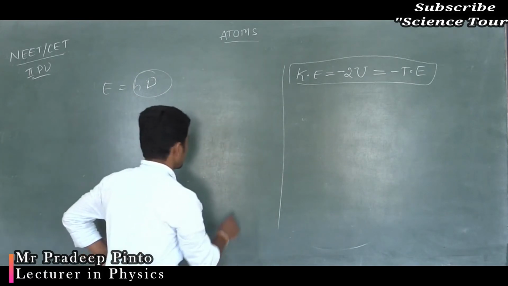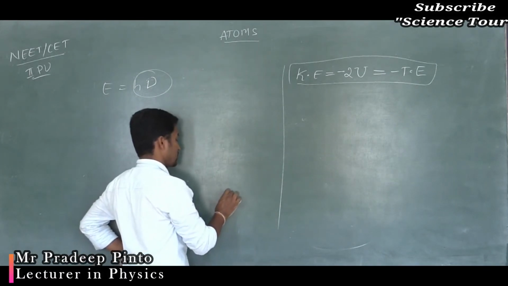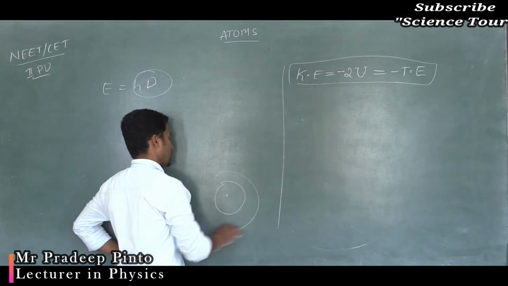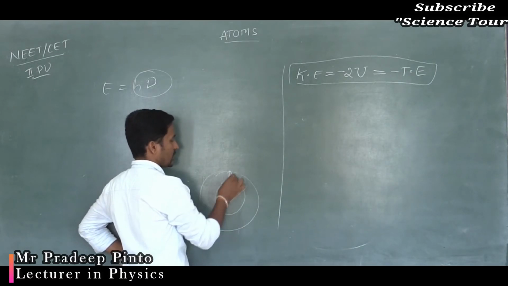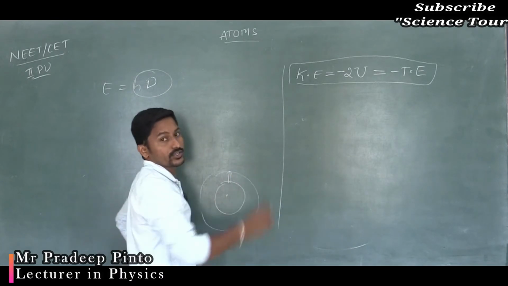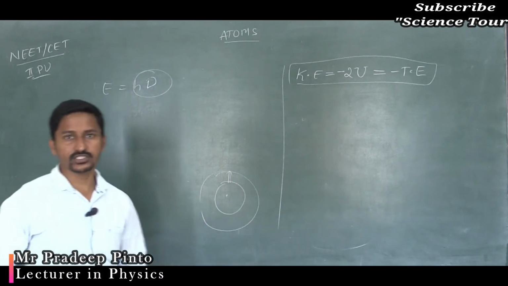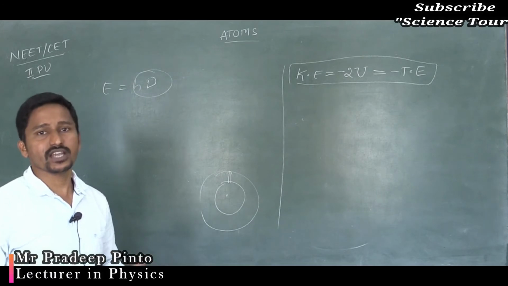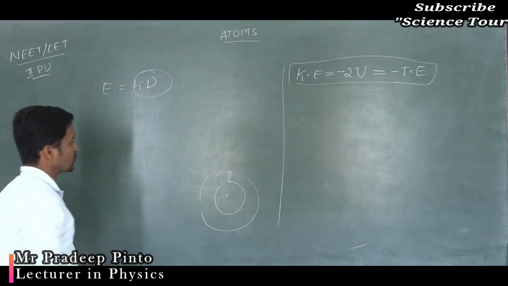In an orbit, when an electron jumps to another orbit and comes back to its original state, it emits radiation. That radiation is the difference in energies, E equals h nu.